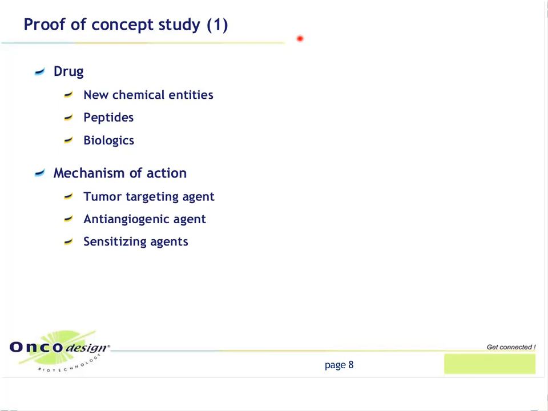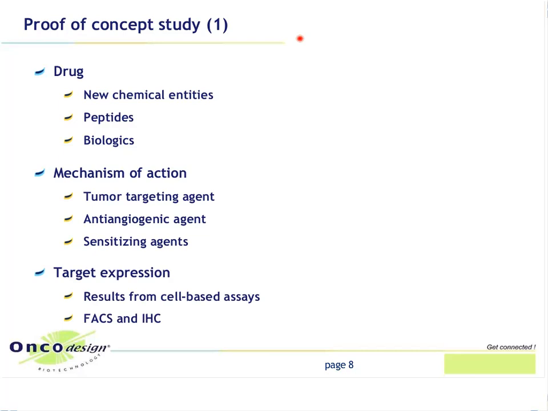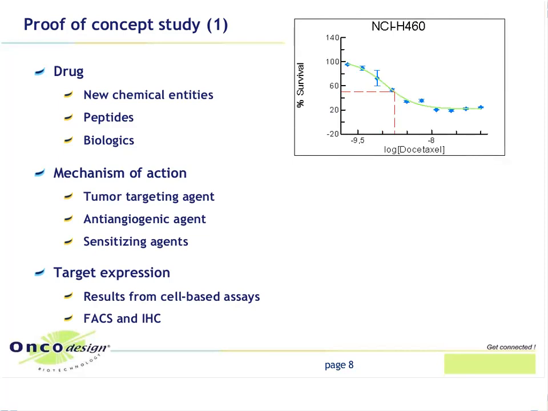Is it a sensitizing agent which needs to be combined? In that case, we have to consider the sequence or the treatment schedule as very important. And for sure, does the model already express the target? Meaning that we have to know, if possible, from previous in vitro assays.